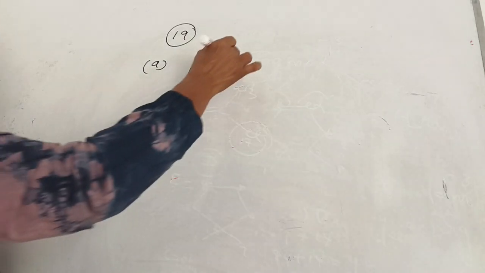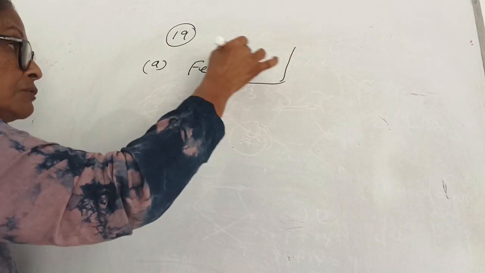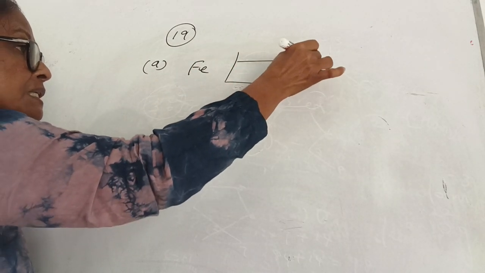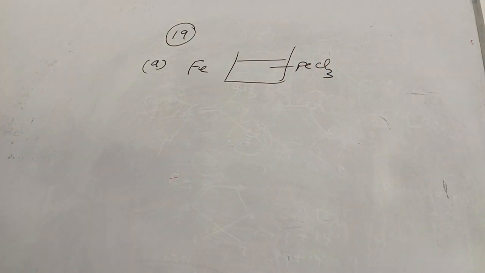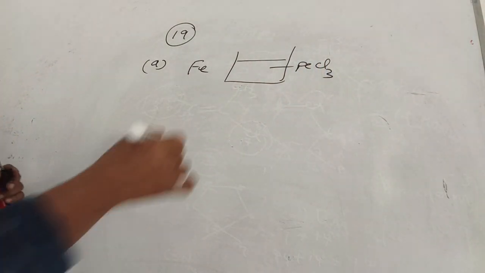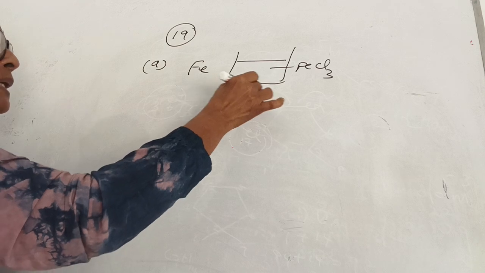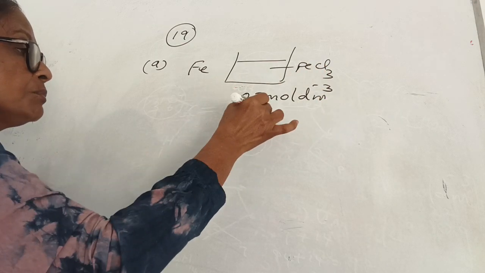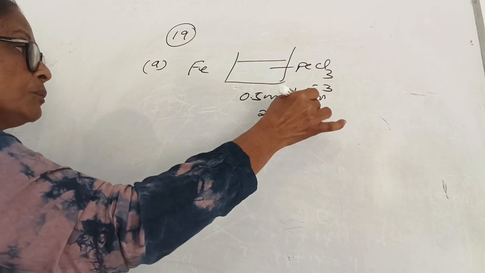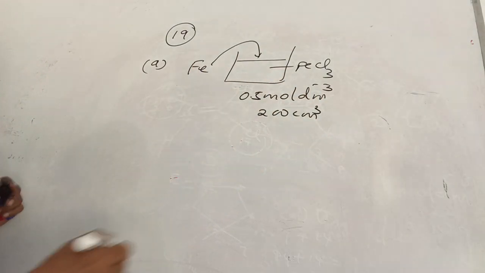The FeCl3 solution has a volume of 200 cm³ and a concentration of 0.5 mol per dm³. Some iron has been added.